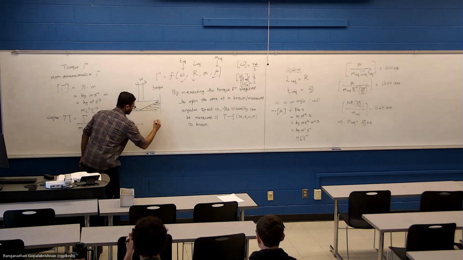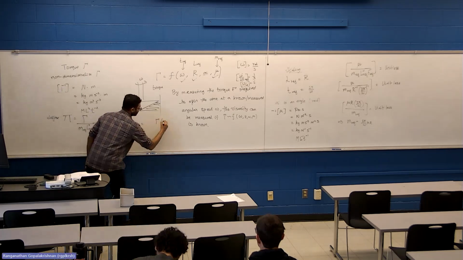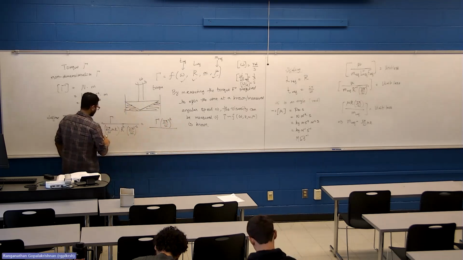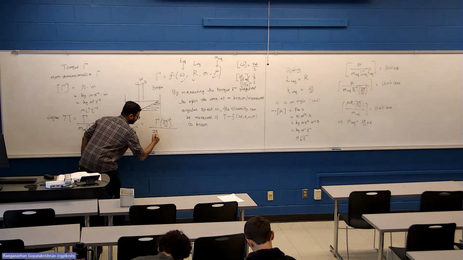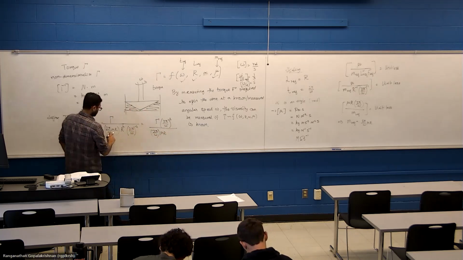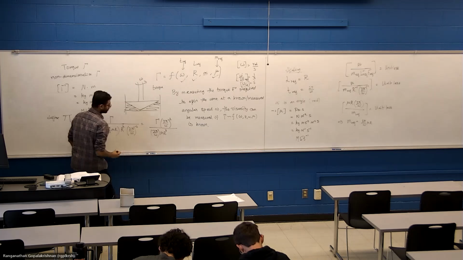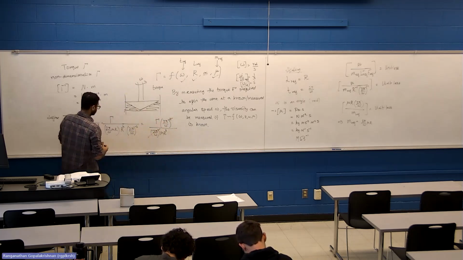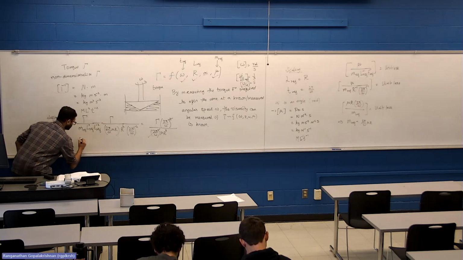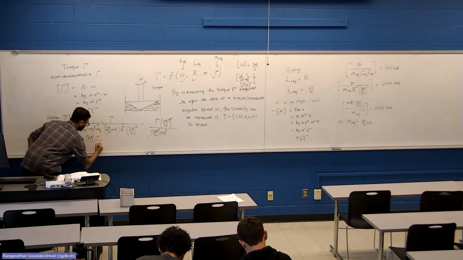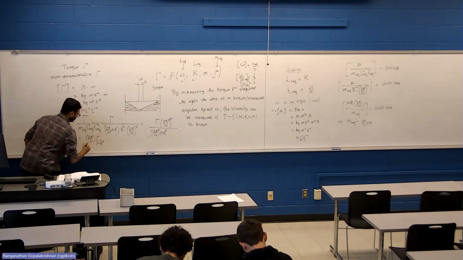This is gamma times 2 pi over omega squared divided by 2 pi over omega times mu r cubed. So this is 2 pi over omega times gamma divided by mu r cubed.